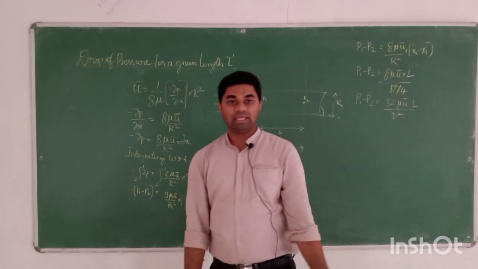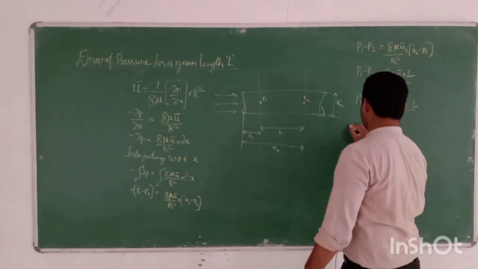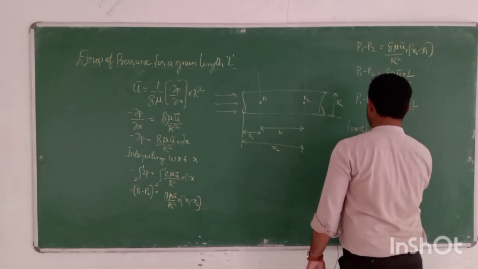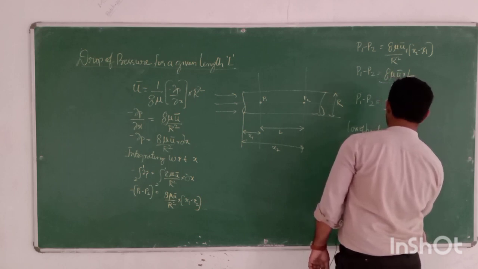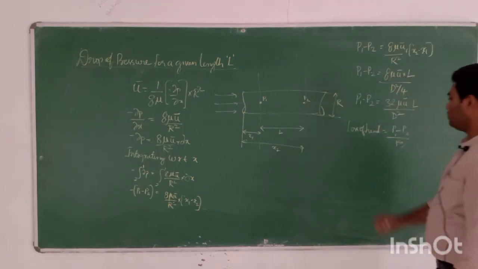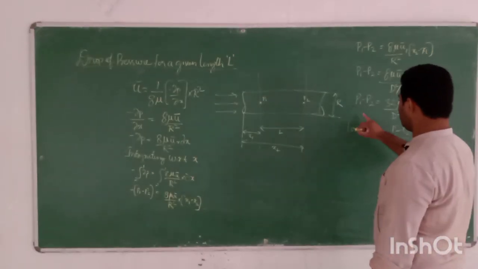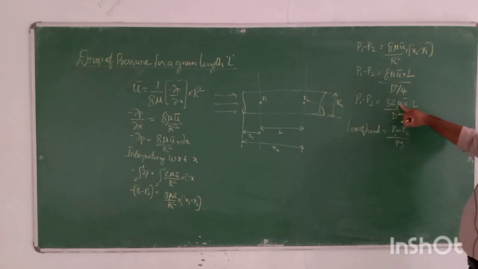To calculate the loss of pressure head, we have the formula: loss of head is P1 minus P2 by rho g. Substitute the value of P1 minus P2, that is 32 mu u L by d square, into this formula.